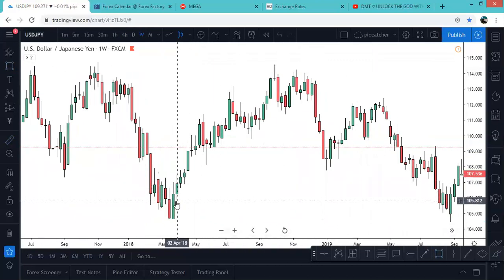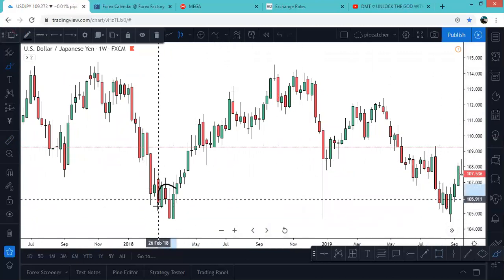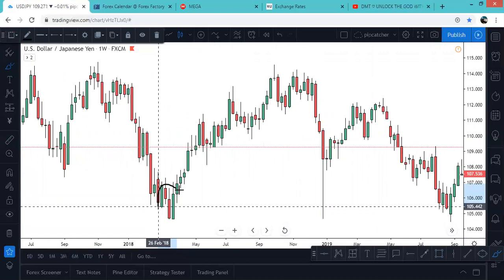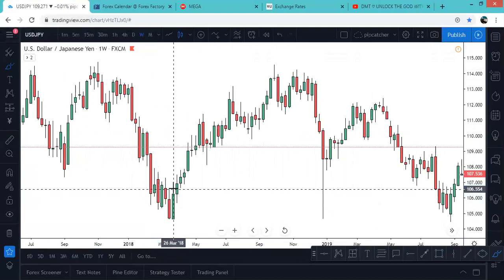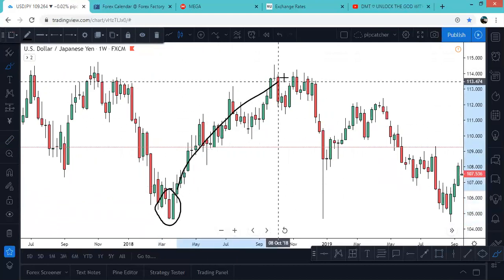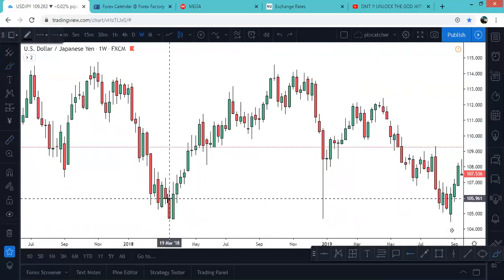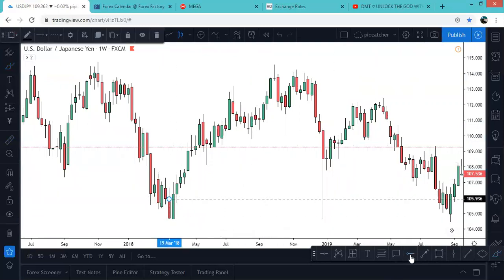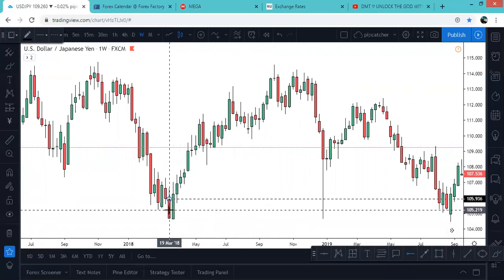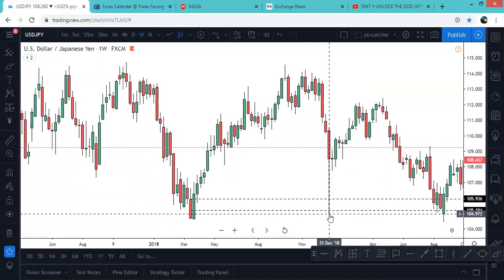And where would our point of interest be after we see this long up move? Right here, or 50%, right? So 50%, if you could get a 50% entry, that's way better, right?